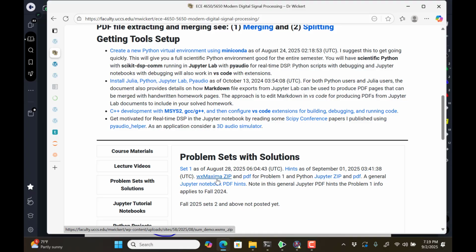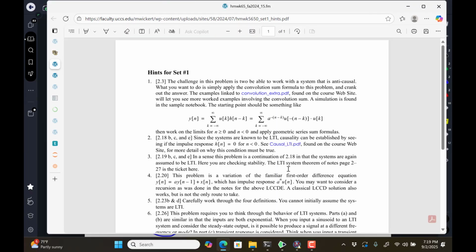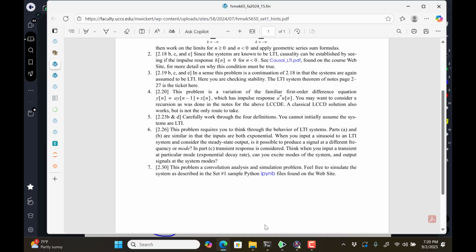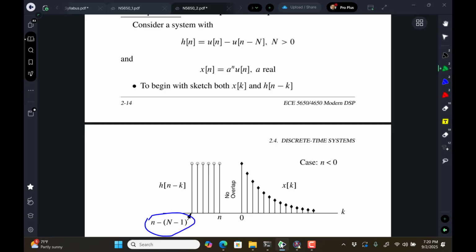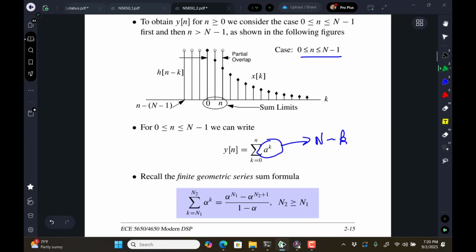The sum, though, either is done according to the new hints that I posted for it. Where are the hints? Right here. Or you can follow the hints that I've given you, but Mathematica should be fine, and of course Maxima works just fine too.